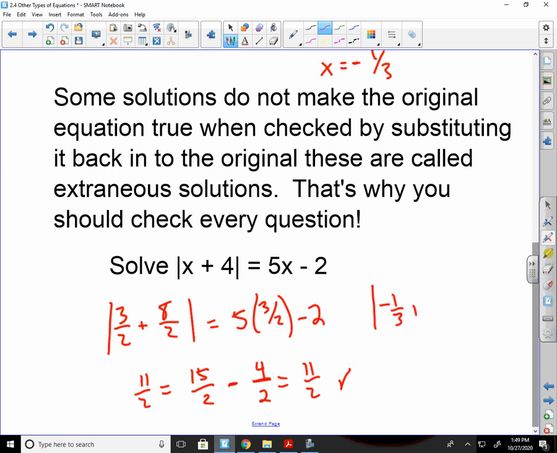Negative 1/3 plus 4. Again, common denominator. So I'm multiplying top and bottom by 3. That becomes 12. Equals 5 times negative 1/3 minus 2. This is going to give me 11/3. 5 times negative 1/3 gives me negative 5/3.